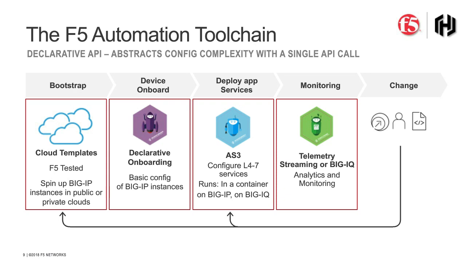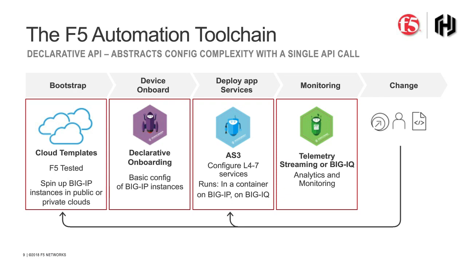Once you have your BIG-IP manifested in the cloud, you can use the declarative onboarding method, wherein you send this JSON to BIG-IP and it will configure your basic stuff like your self IP, your VLAN, things like DNS, NTP, and so on.